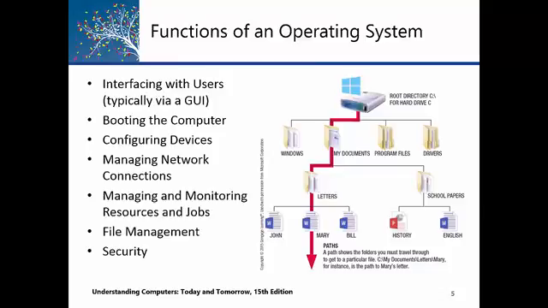And the NIC, it could be wireless, it could be wired, but through that network interface card, you're basically allowing the computer to send data and receive data, either through that wired or wireless connection. And so that's one of the really important jobs of the operating system, especially since so much of what we do now is cloud-based.